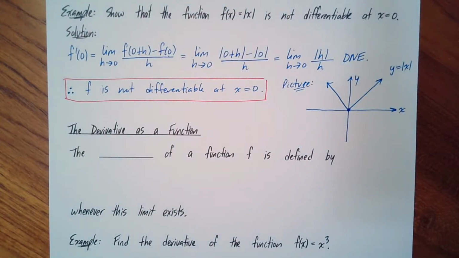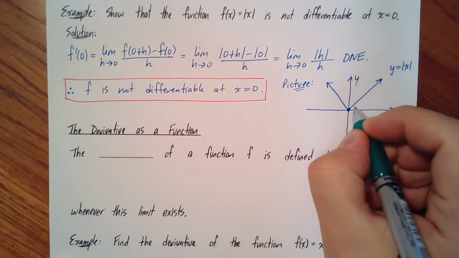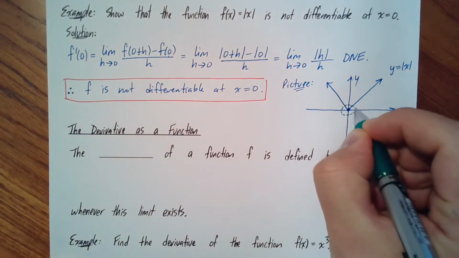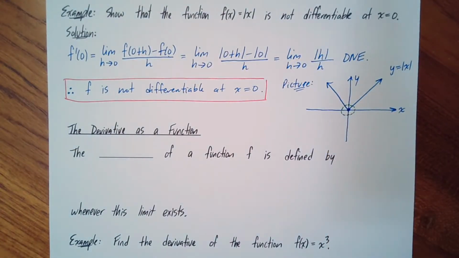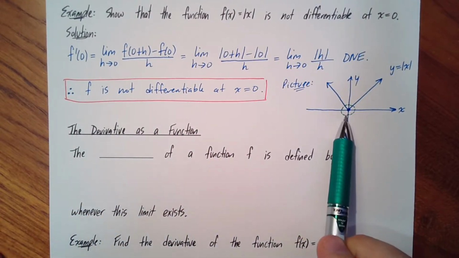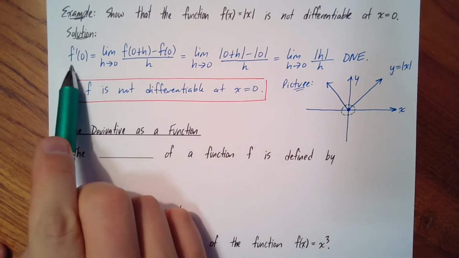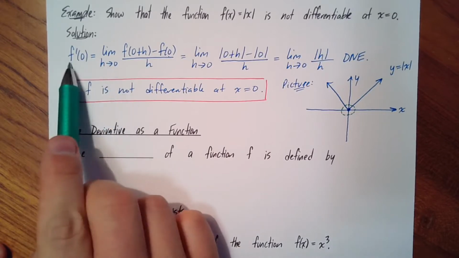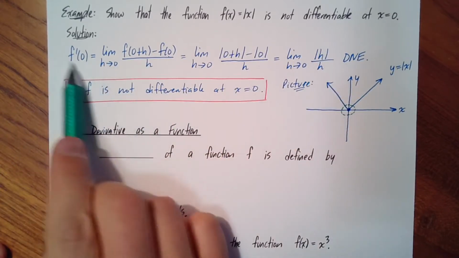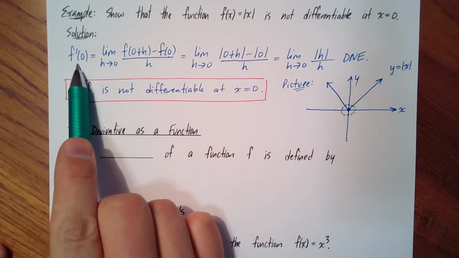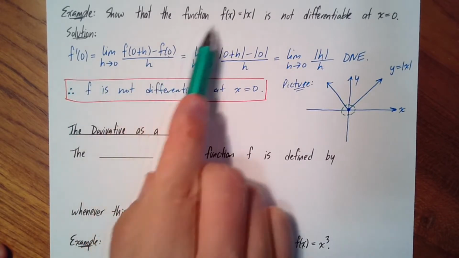So what did we really identify here? Well, right at this point, the function is not differentiable. That's what our conclusion was over here. At this point, the function doesn't have a derivative. So what does that mean geometrically? Well, if f prime of 0 existed, if we actually got a limit that gave us a number, it would give us the slope of the tangent line to the graph of f at the point 0.